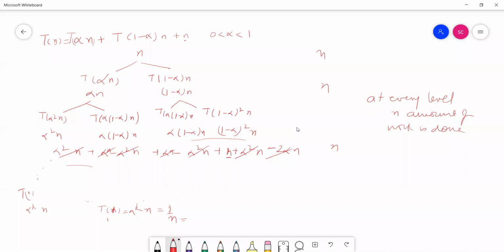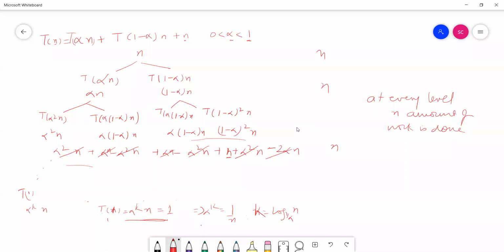Since alpha is less than 1, we can write the depth k is equal to 1 upon alpha. So alpha to the power k is equal to 1 upon n, and k is equal to log of n.